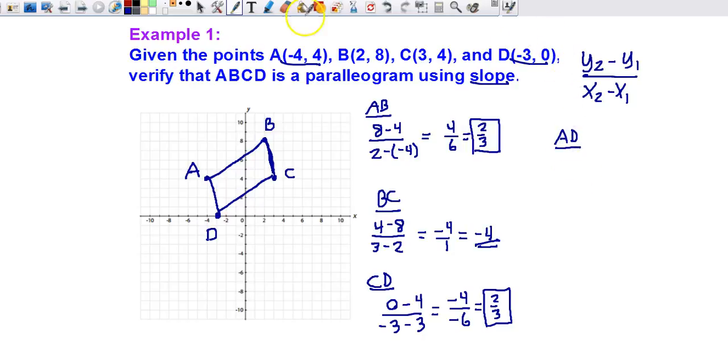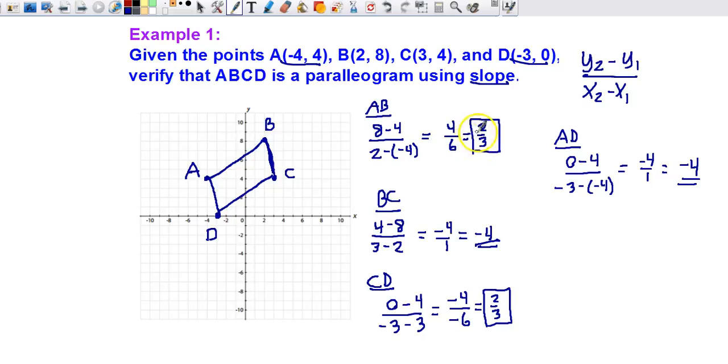That's going to be 0 minus 4 divided by negative 3 minus negative 4, which is really negative 3 plus 4, which is 1. So negative 4 divided by 1 is negative 4. So these two slopes have the same measure. These two slopes have the same measure.